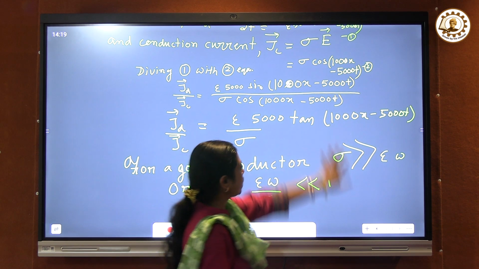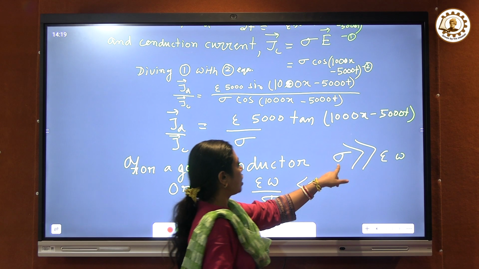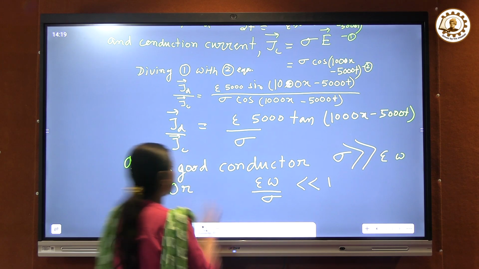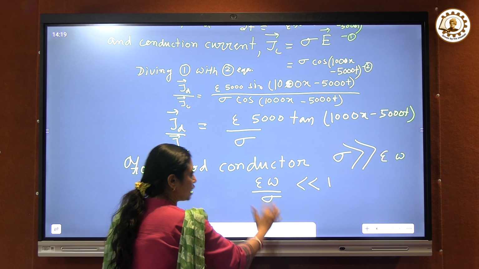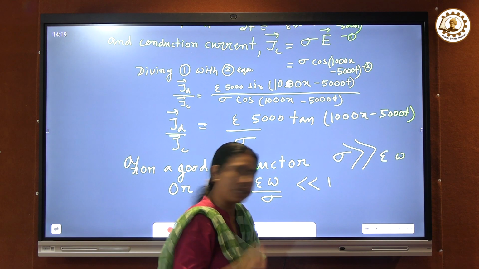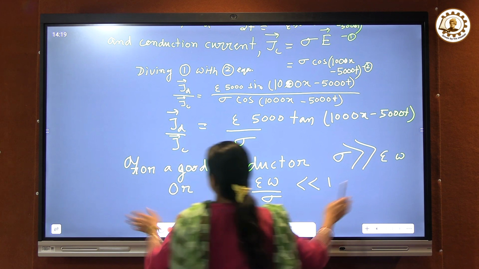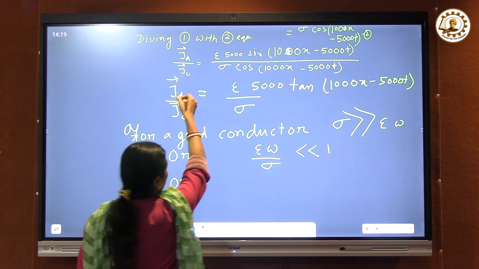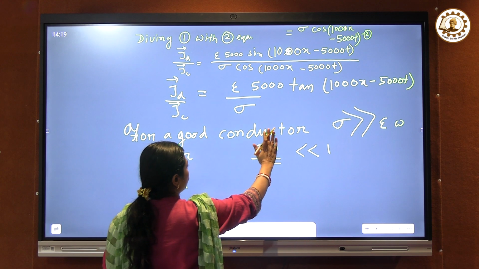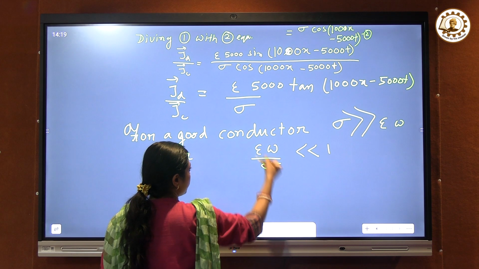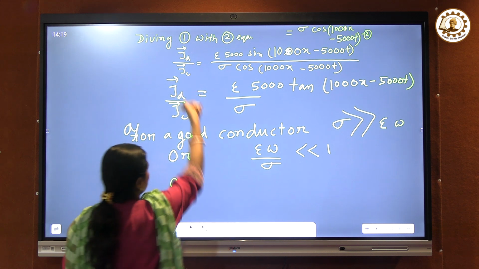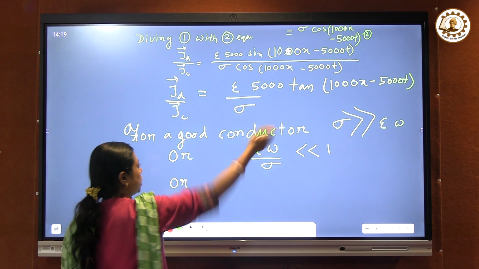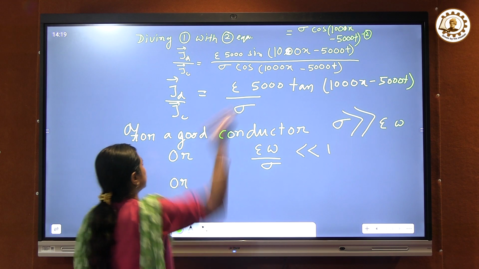So this sigma is much greater than epsilon omega. This means epsilon omega by sigma is much less than 1. Now you see here, if you just drop this omega, you just see epsilon by sigma. In JD by JC, omega is also there, but it is inside the ratio.